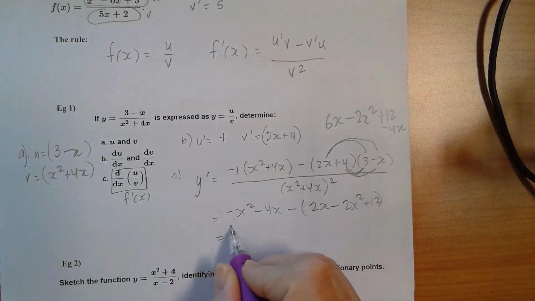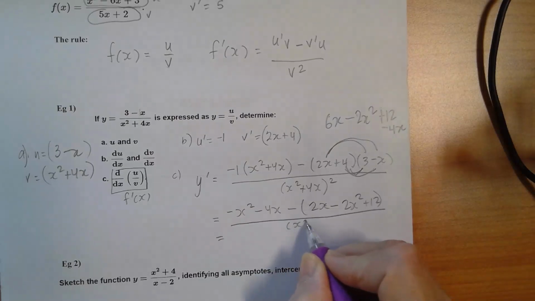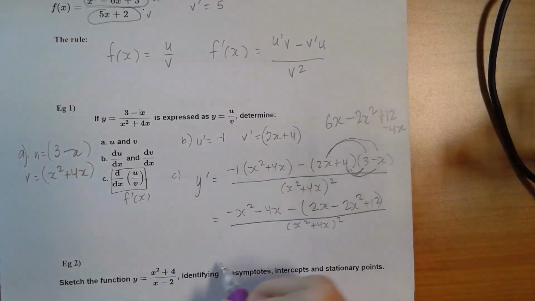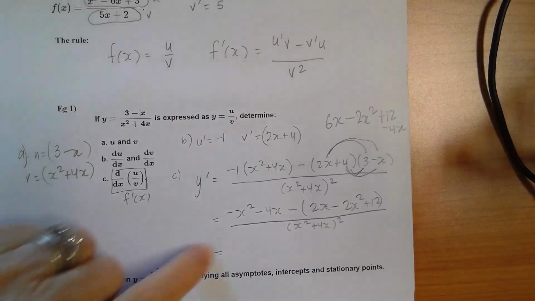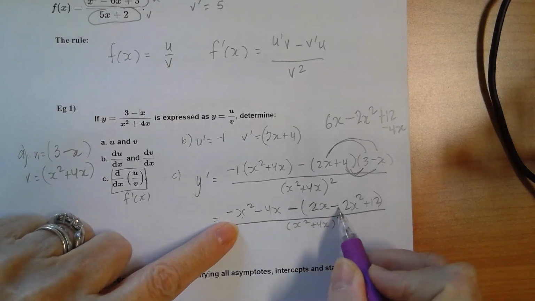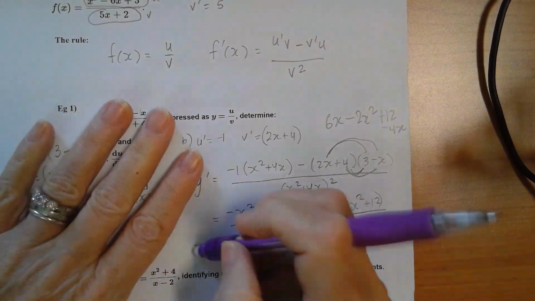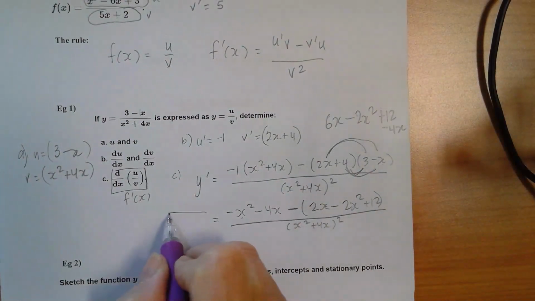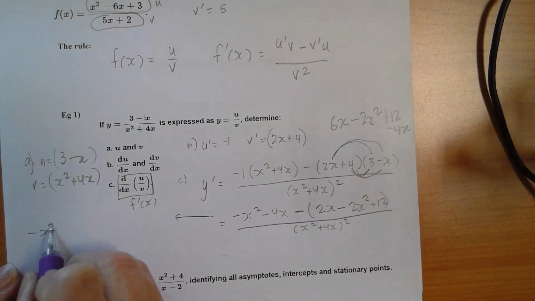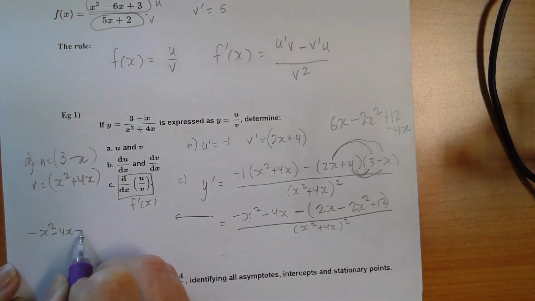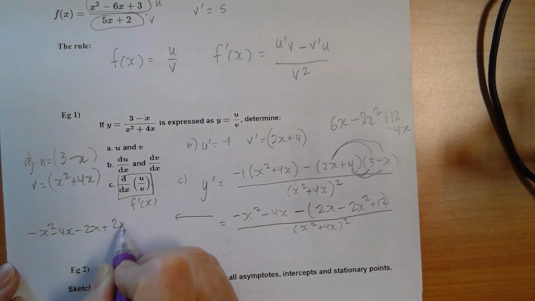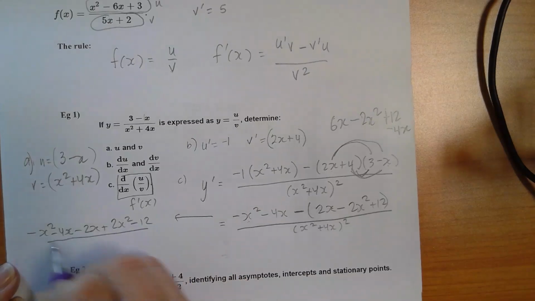And I have that whole bottom part, x squared plus 4x squared, that goes with me. The only reason I'm simplifying this is to show you what you might have to do to read the back of your book. So now I have negative x squared minus 4x minus 2x, I have to take that negative all the way through, plus 2x squared minus 12, all over v squared.